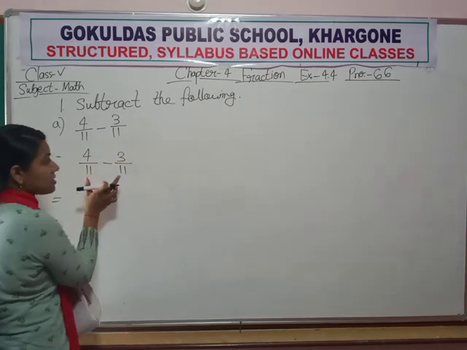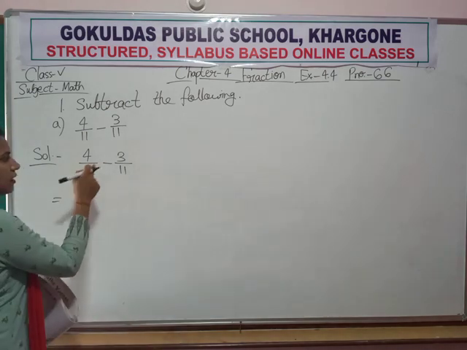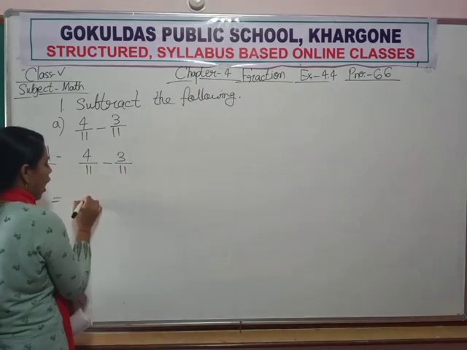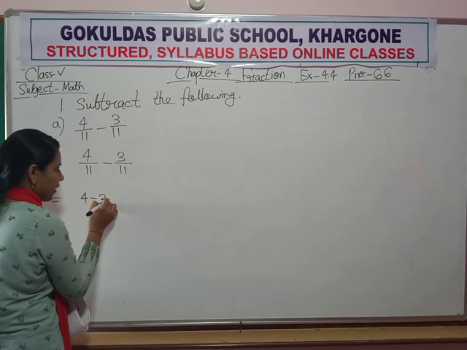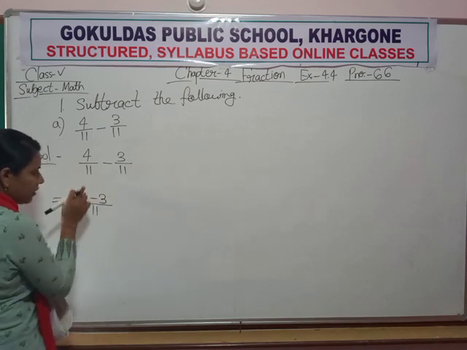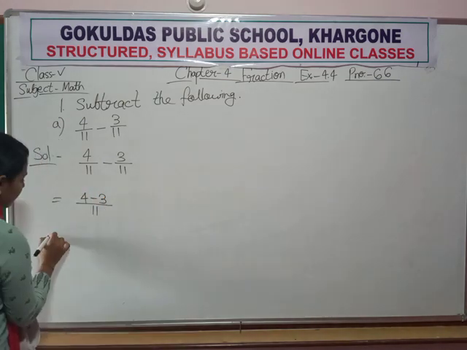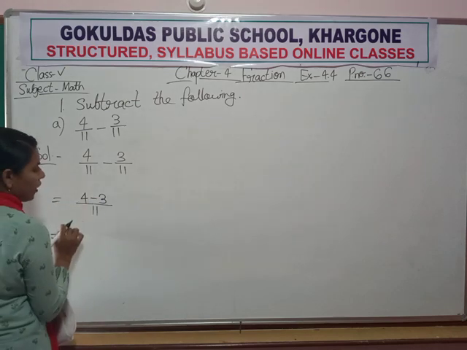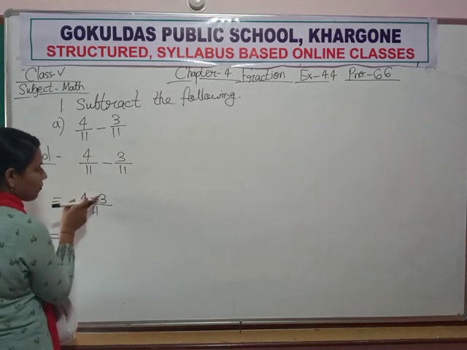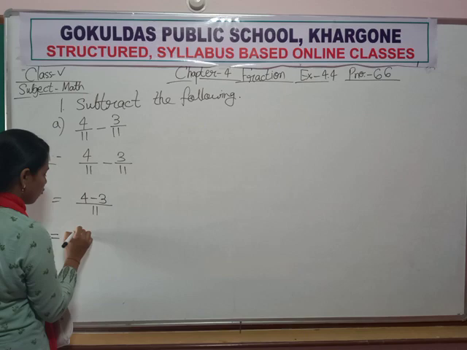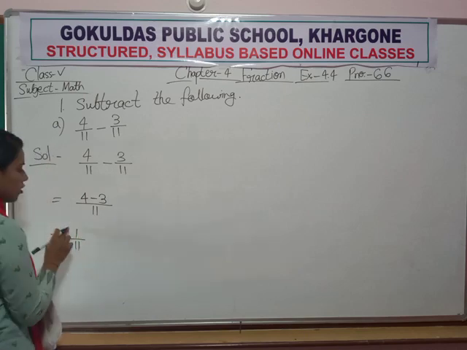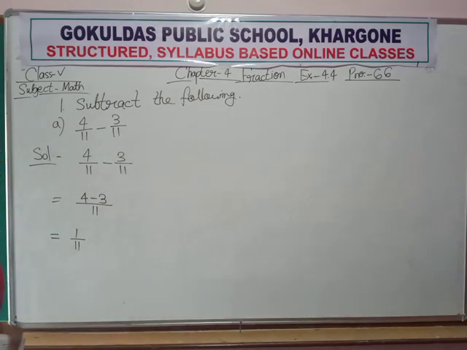Observe, the denominators are same, means like fractions. So how do we solve like fractions? We directly subtract numerators over the same denominator. Now 4 minus 3 means 1 upon 11. So 1 upon 11 is our result.